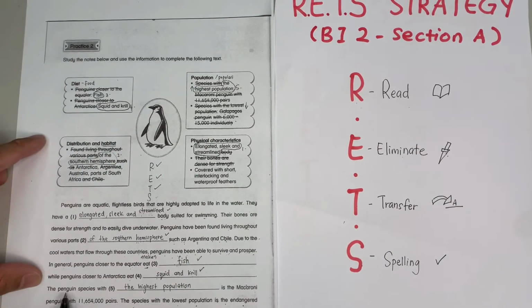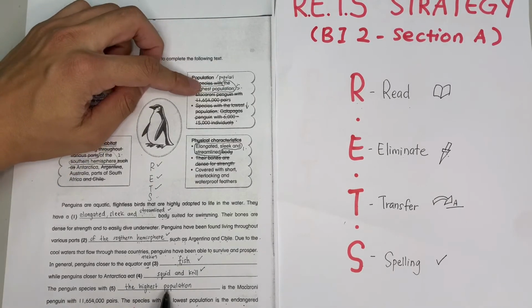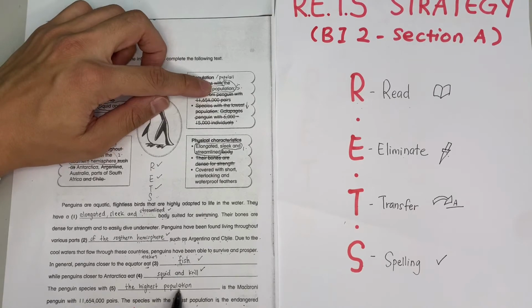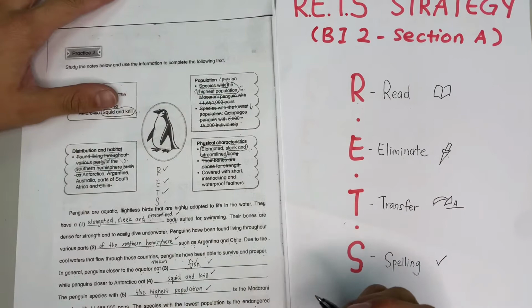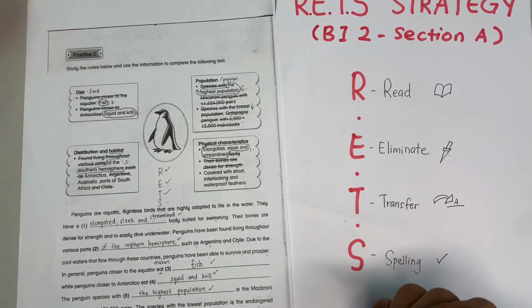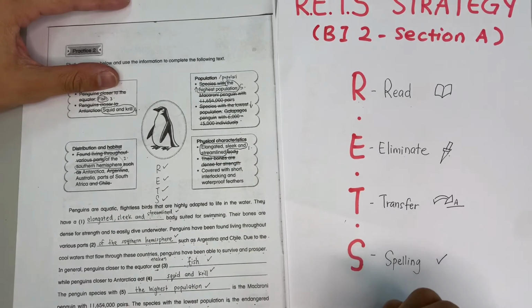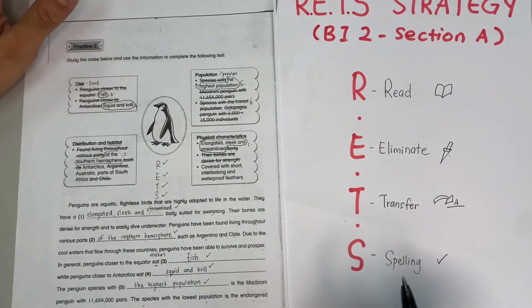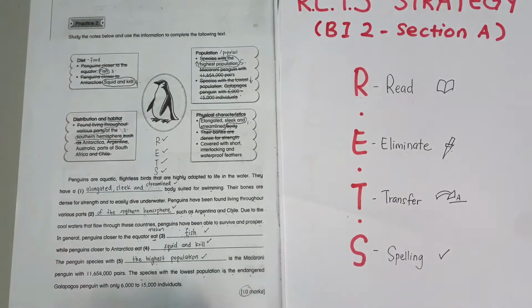Next, the penguin species with the highest population, POPULATION, population. Okay, so now I'm very happy and confident with my answer, and then I'll take this one as spelling has been checked.